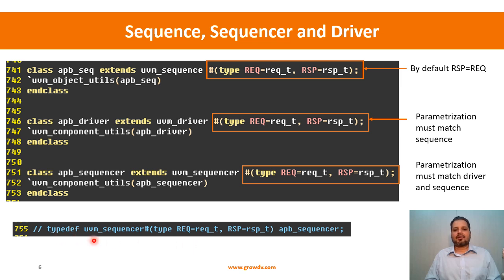So if you say typedef uvm_sequencer with whatever the parameterization, say apb_sequencer, that's more than sufficient, and from there on you can create the sequencer and use it. So you don't have to write that boilerplate code. Just using this typedef, you should be able to utilize the sequencer handle, create the object and use it.